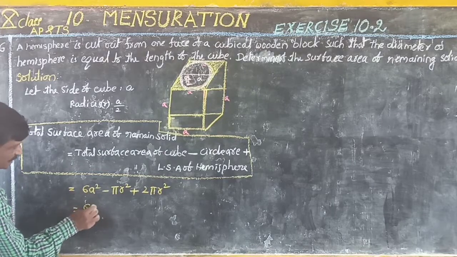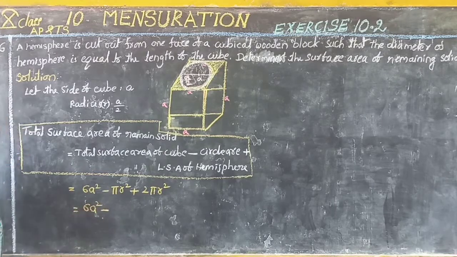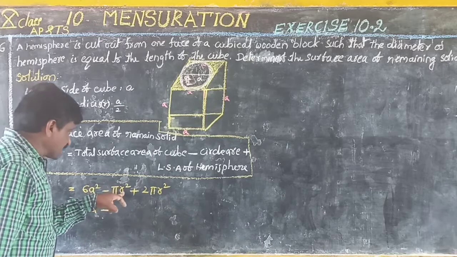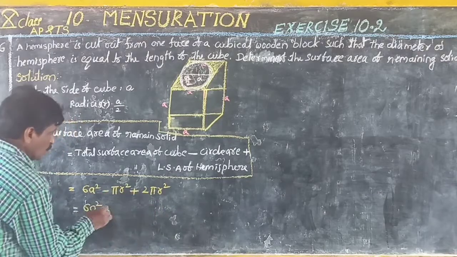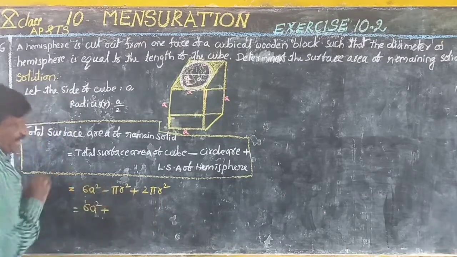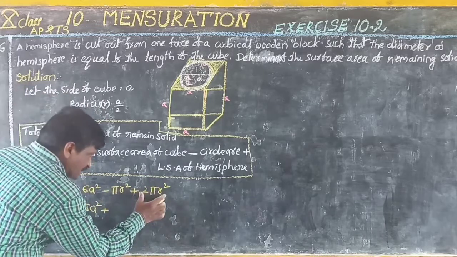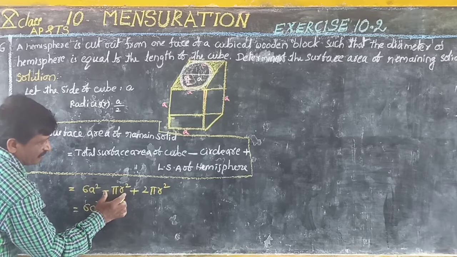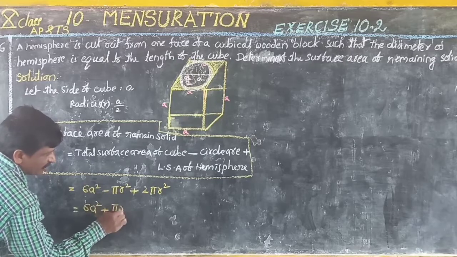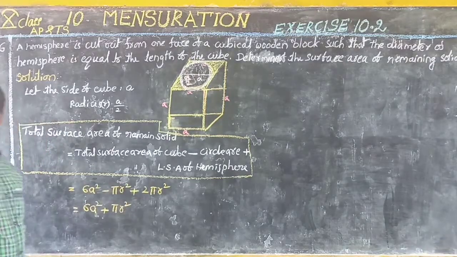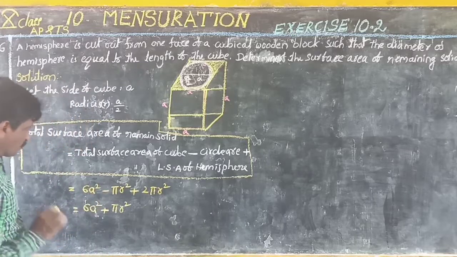So 6a square minus pi r square plus 2 pi r square. 2 pi r square minus pi r square, like 2x minus x, gives 1 pi r square.